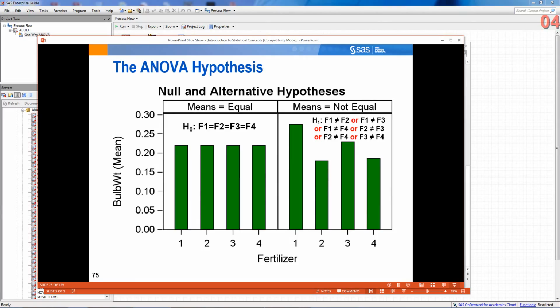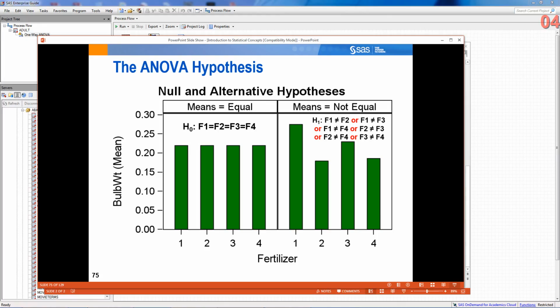F here represents the outcome, the amount of garlic grown, and the alternative hypothesis is that one of these equalities doesn't hold. If it does not hold, then the null hypothesis will be rejected.